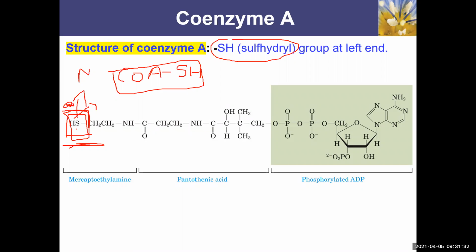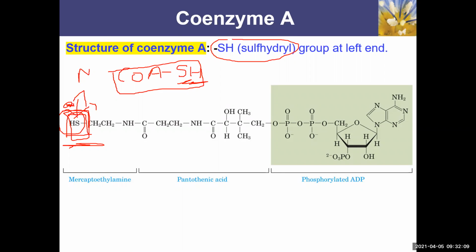So whenever something has to bind to coenzyme A, it's attached to the thiol group over here. And then we said that coenzyme A is also called coenzyme A-SH, to show us that it contains this thiol group. And then we said that it is used as an agent which can help us in transferring the acetyl groups. So simply remember that it is an acetyl transporting molecule.